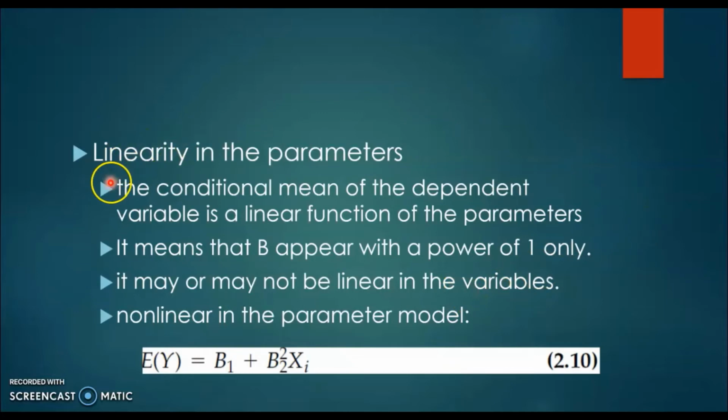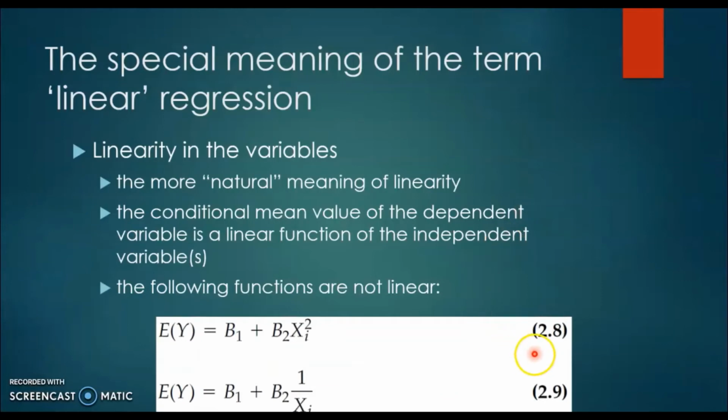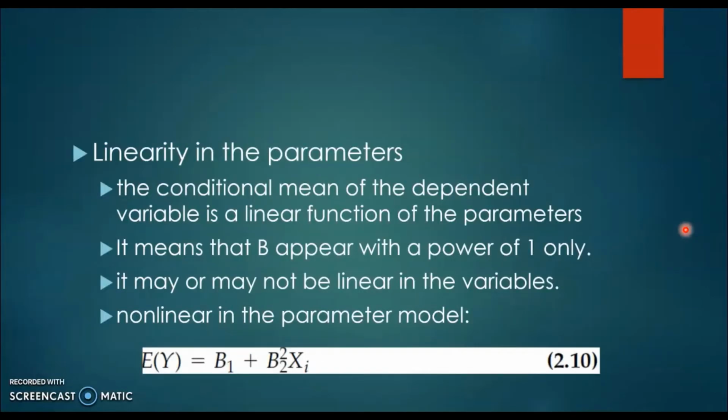If we are using this definition, then both equations 2.8 and 2.9 are linear, while equation 2.10, on the other hand, represents the model that is non-linear in the parameter, as here we see that the beta appears with a power of 2.